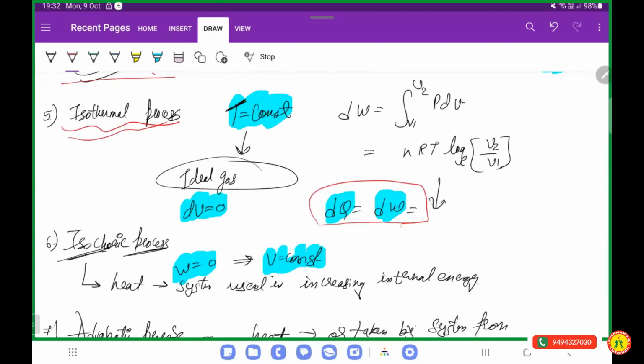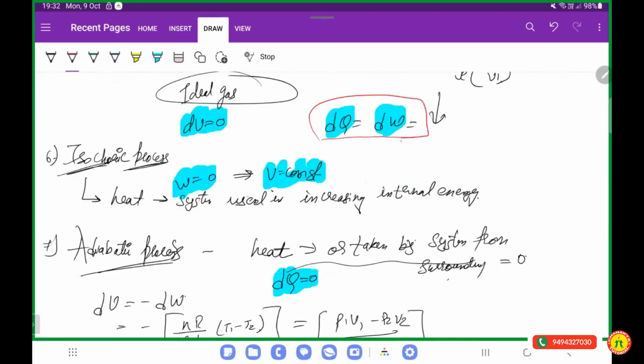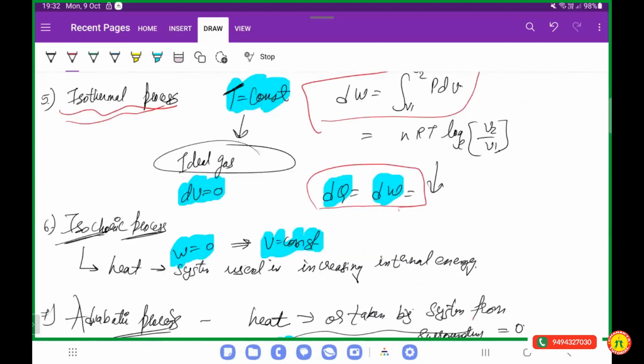Now we have work done as PdV. So P and V are inversely proportional to each other. So whenever we want to draw inversely proportional, we will draw one rectangular hyperbola.